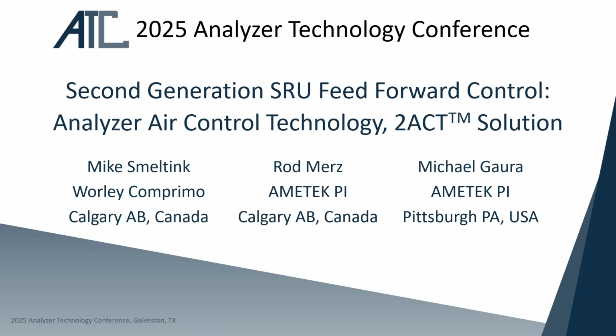And basically the comparison between traditional feedback control that's been in use for many, many years, and a more modern approach, which is feed-forward control. And then the next step in that is automated feed-forward control, which Mike is going to delve into in much more detail. So, sulfur.